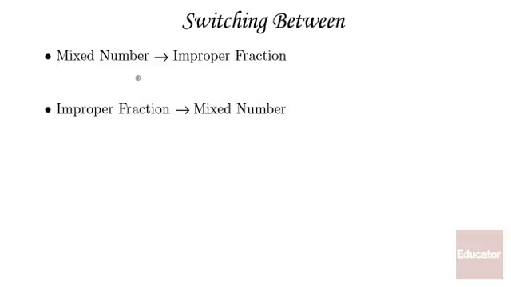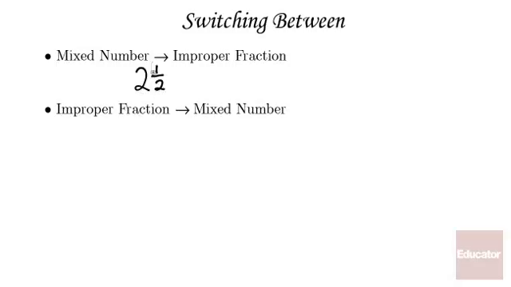If I have a mixed number, 2 and 1/2, again, that's a mixed number because you have a whole number in the front and you have a proper fraction. So it's a whole number with a proper fraction. Together, it's called a mixed number. If I want to switch a mixed number to make it look like an improper fraction, the first thing I'm going to do is take the number on the bottom, which is the denominator, and multiply it by the whole number.